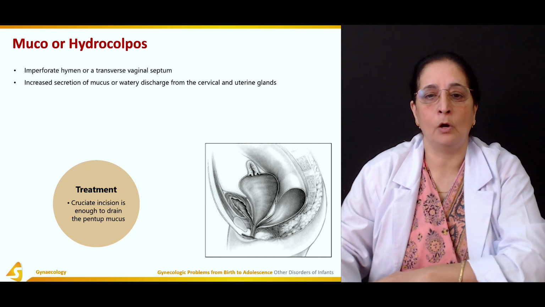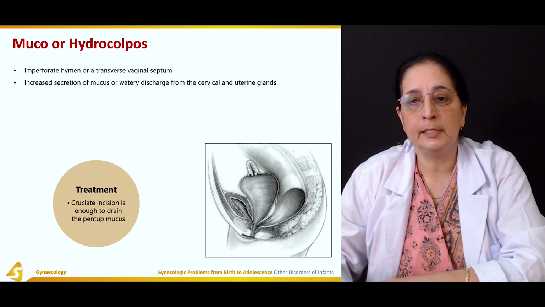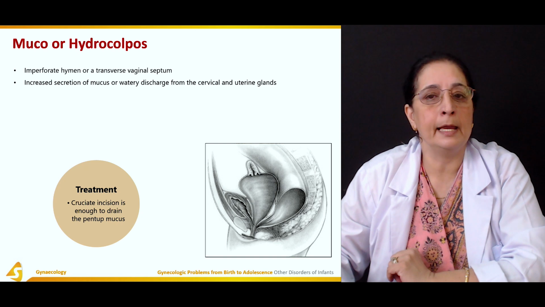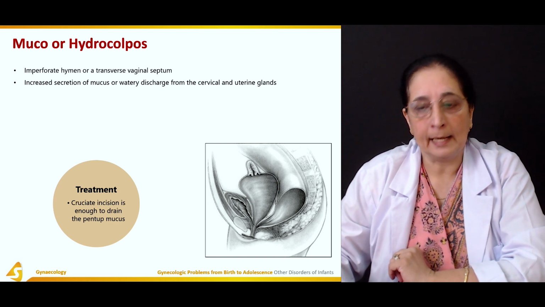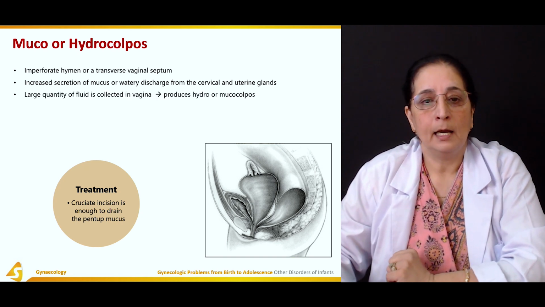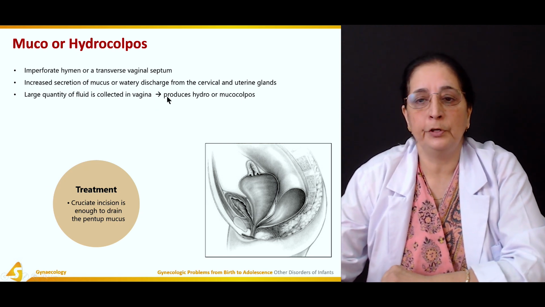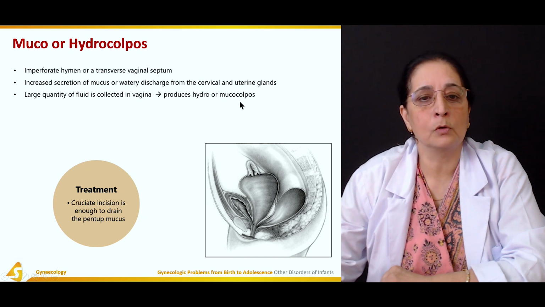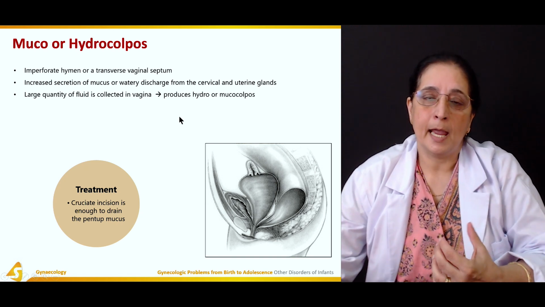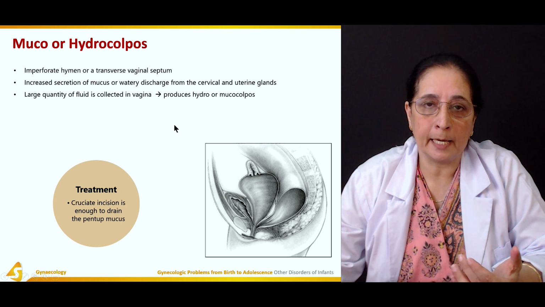There is increased secretion of water or watery discharge from the cervical and uterine glands. A large quantity of fluid is collected in the vagina, which produces hydro or mucocolpos. So what happens if there is imperforate hymen?